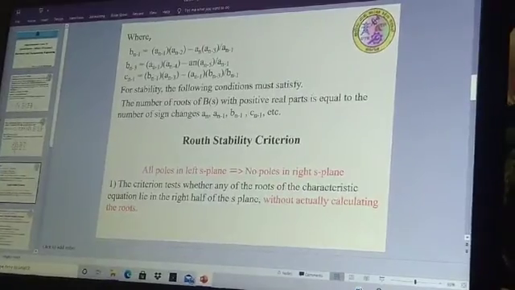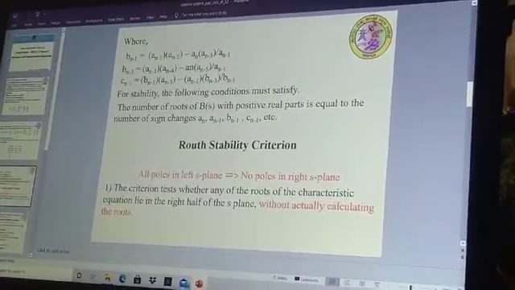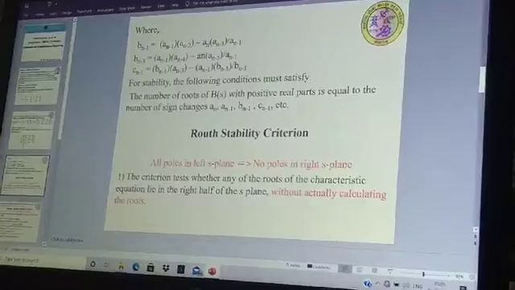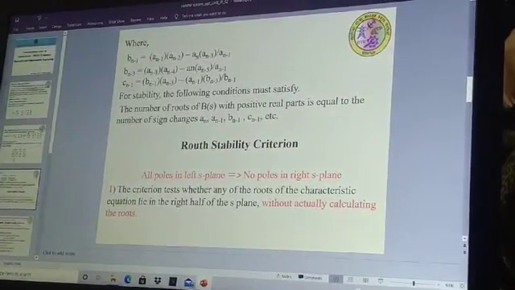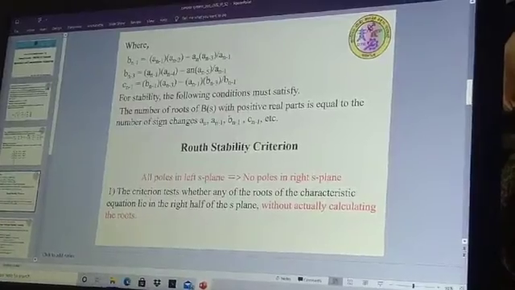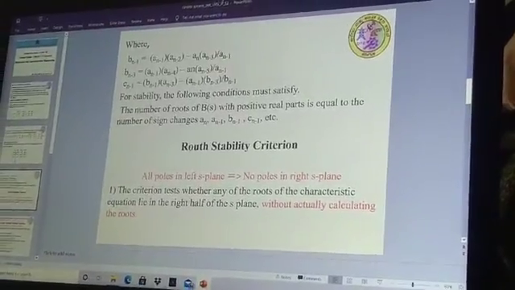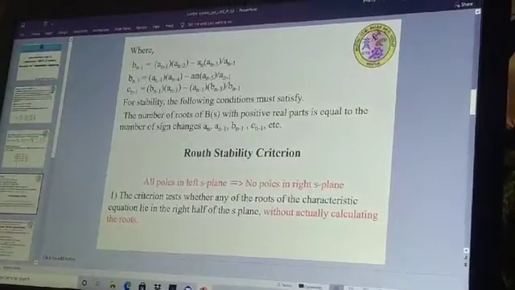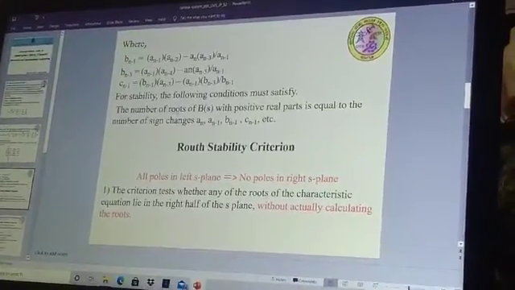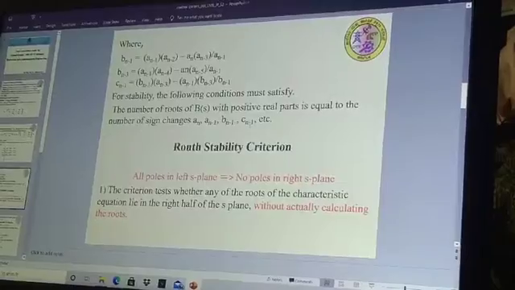After calculating all these coefficients in the array, for stability the following condition must be satisfied. What is this condition? The number of roots of b of s with positive real parts is equal to the number of sign changes in an, an minus 1, bn minus 1, cn minus 1, and so on.